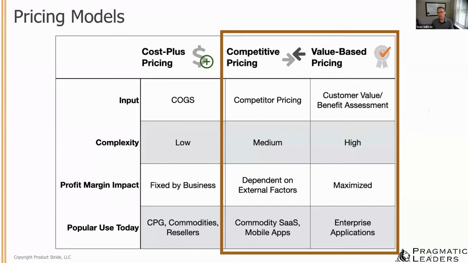You're able to then show them that value and have some credible point at which you can then set your value-based pricing.